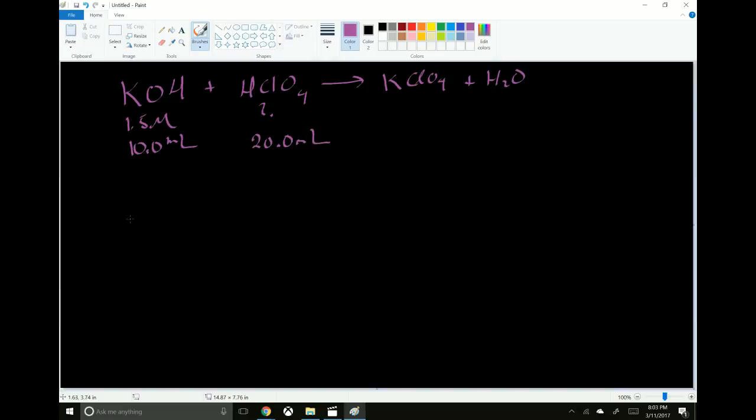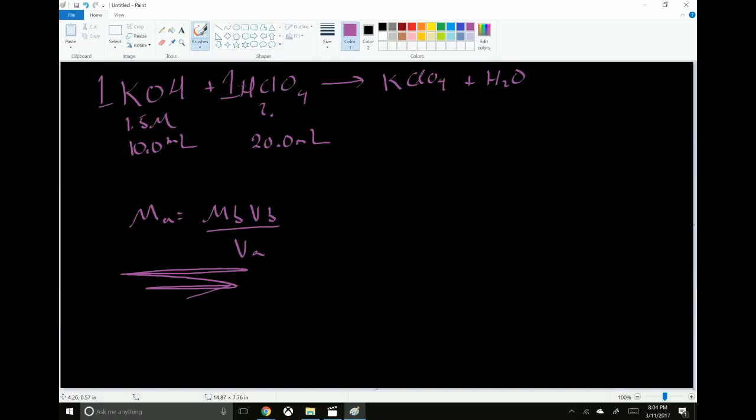So once again, MA equals MBVB over VA. Note, you have to be careful. This particular equation only holds true for a 1-to-1 relationship. If you have a diprotic acid or a triprotic acid or a polyhydroxide base, you're going to need to change things up.